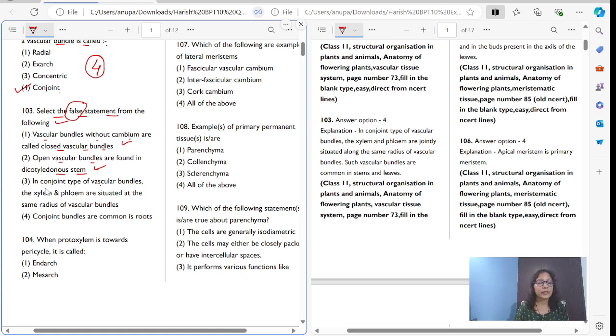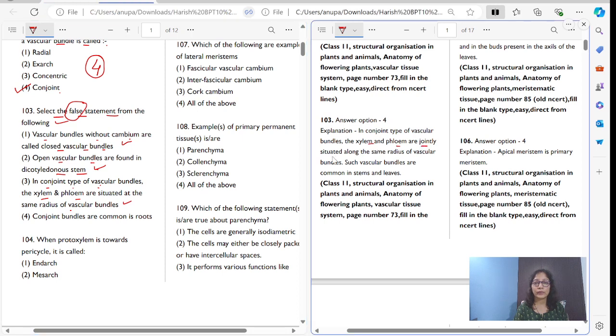The third statement is in conjoined type of vascular bundles, the xylem and phloem are situated at the same radius of vascular bundles. This is also correct. We have just seen in question number 102 that when xylem and phloem are jointly situated along the same radius of vascular bundles, then they are known as conjoined type of vascular bundles.